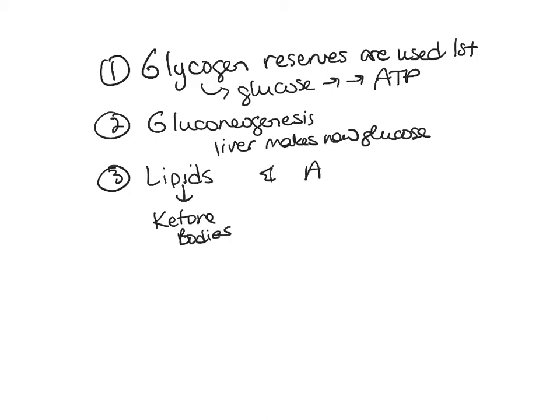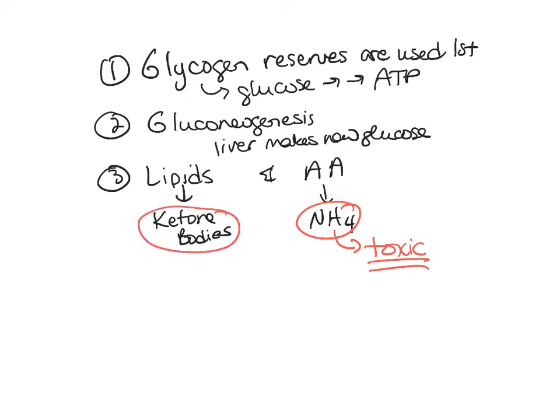And amino acids are catabolized, or broken down, and they produce ammonium. Ammonium, we already know, is toxic to the body, and so are ketone bodies. Another thing that we know about ketone bodies is in a diabetic who has uncontrolled diabetes.